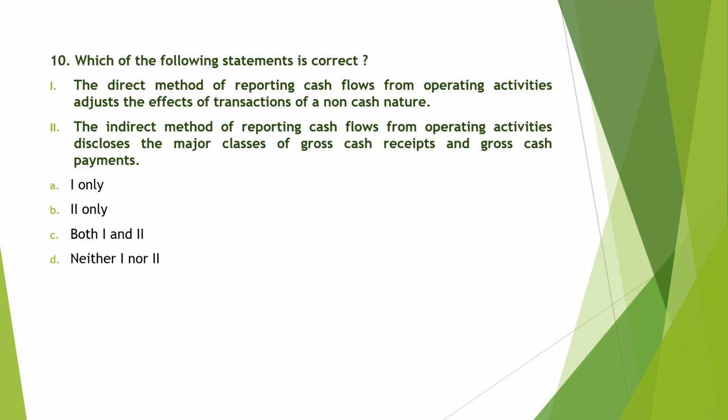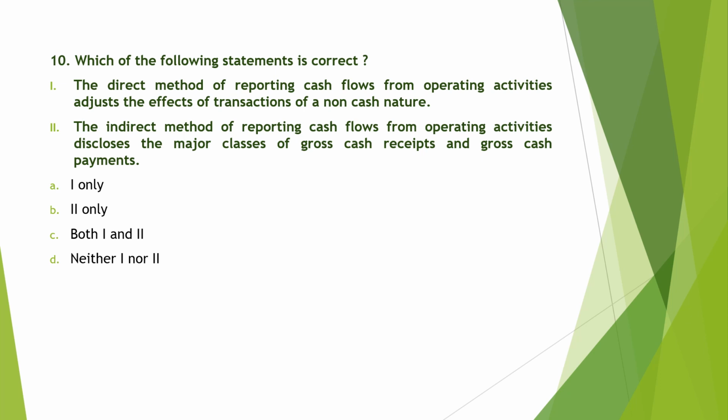Statement number 2 naman, the indirect method of reporting cash flow from operating activities discloses the major classes of gross cash receipt and gross cash payment. Statement number 2 is incorrect. Bakit incorrect? It pertains to the direct method of reporting cash flows. Pag sinabing direct method, kumbaga, in computing the cash flow from operating activities, consider natin yung major classes of gross cash receipts.